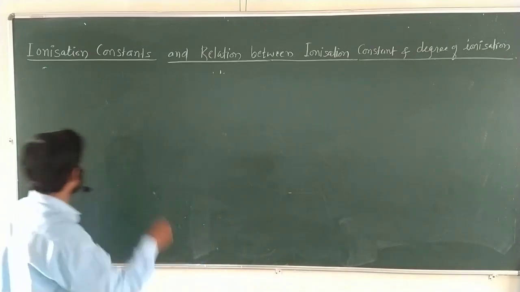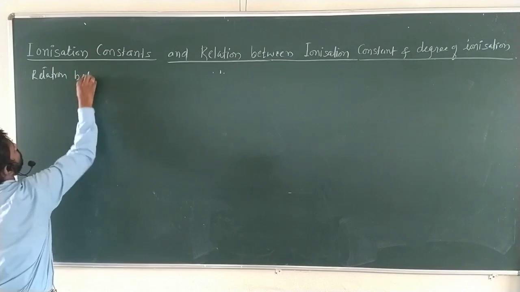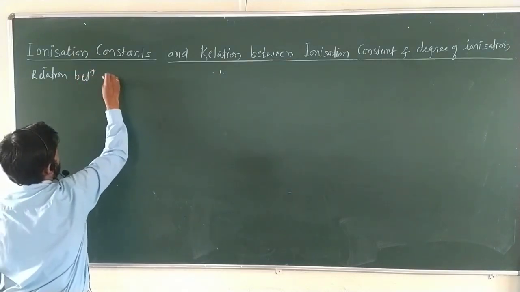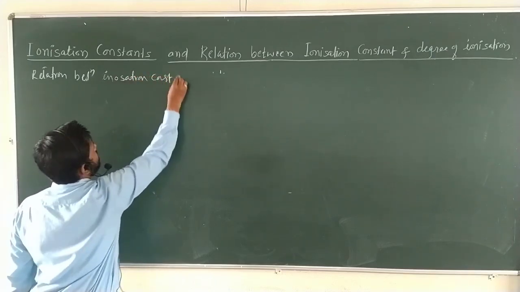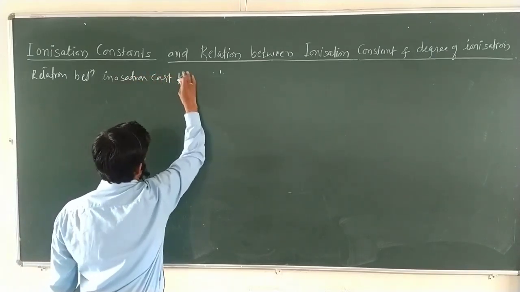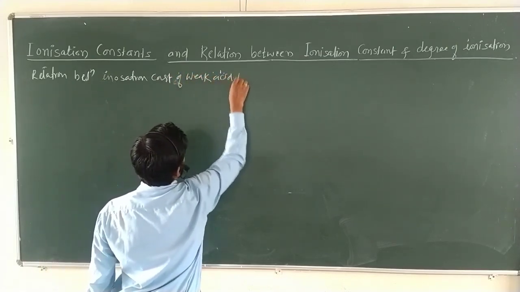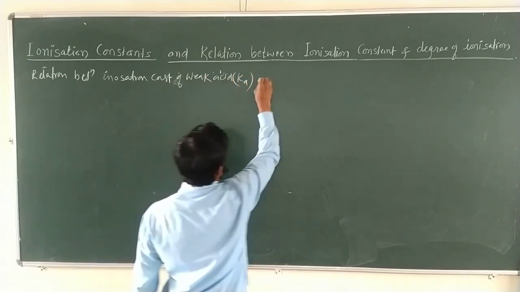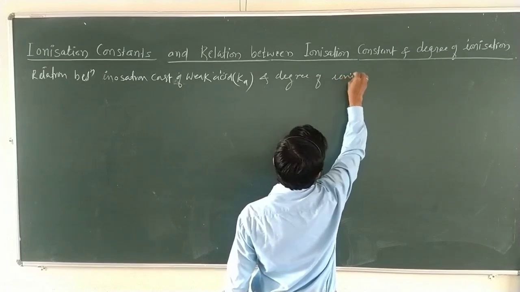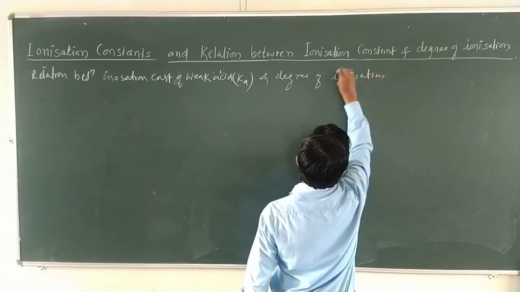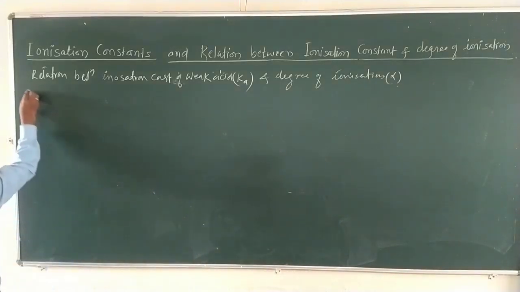The relation between the ionization constant Ka of a weak acid and the degree of ionization, that is alpha.